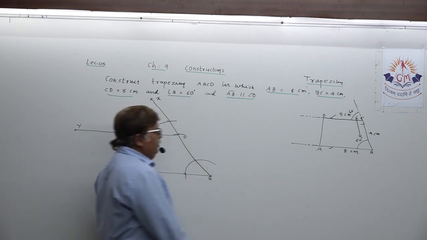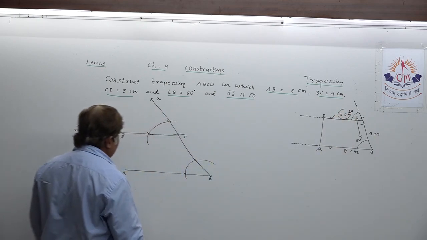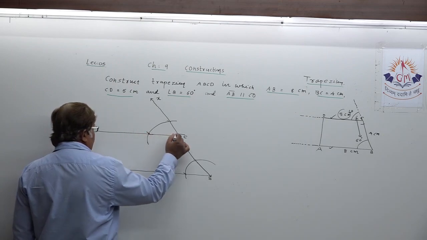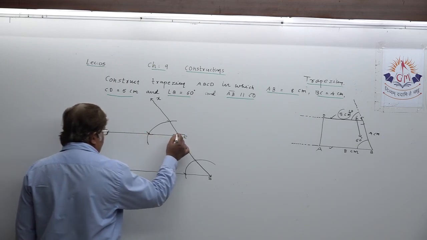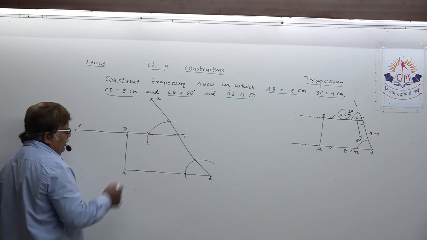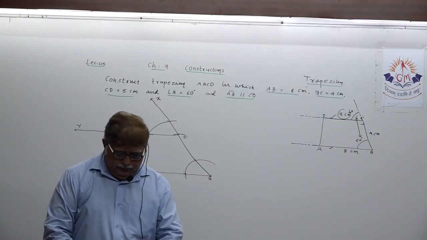Okay, now it is easy. CD of 5 centimeter, take radius of 5 centimeter, center your compass at C and cut this ray. You got point D. Now simply join AD. Construction of trapezium is over.